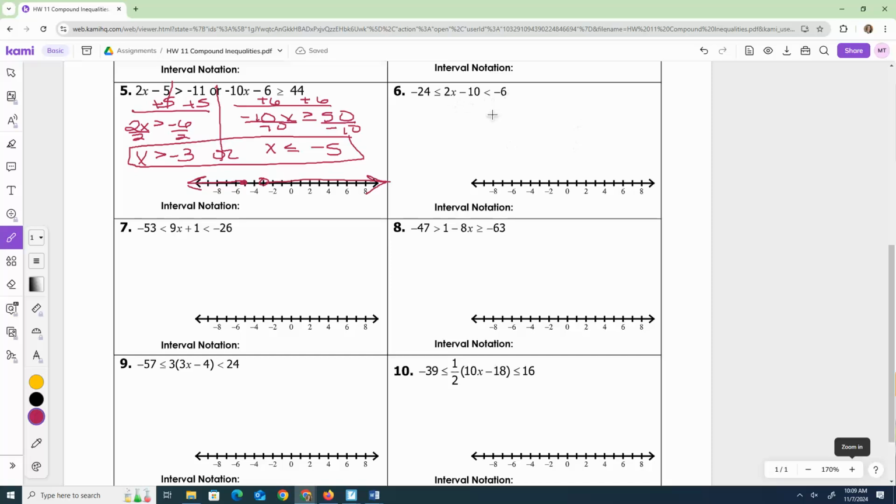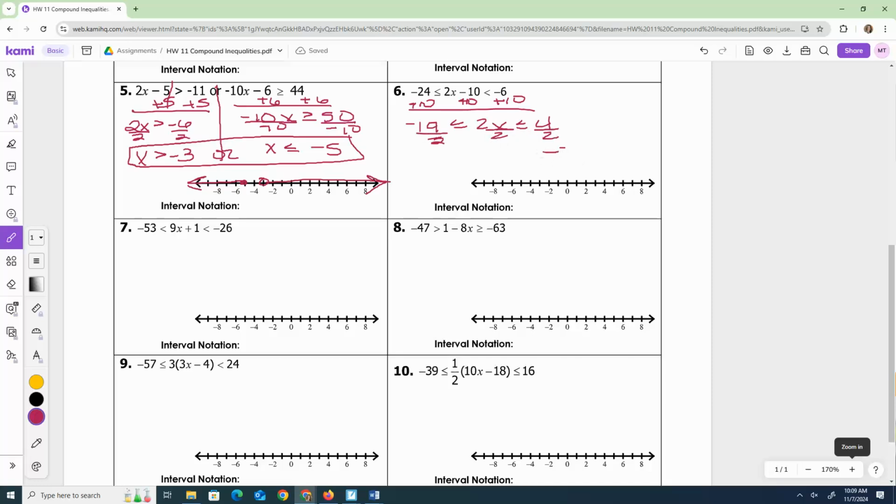Now we get into these where it's just one big inequality. What do these graphs look like? They're connecting, it's in between the two. Alright, do we have a volunteer? Holden? You add the 10 to both sides. So we get -14 less than or equal to 2x less than or equal to 4. Divide by 2.